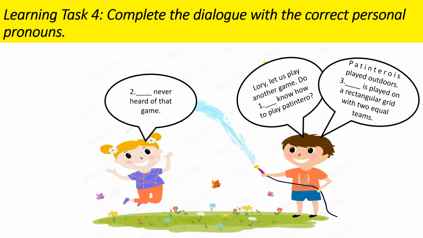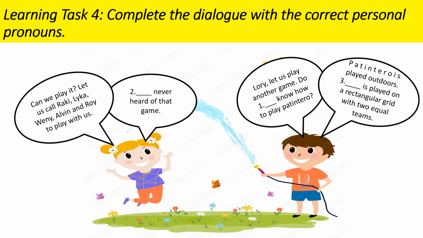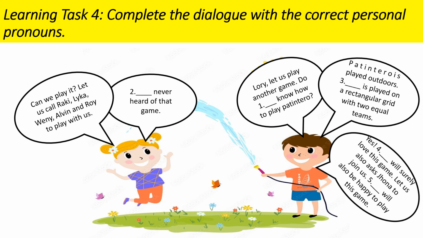Dunk is played on a rectangular grid with 2 equal teams. Can we play it? Let us call Rocky, Laika, Winnie, Alvin, and Roy to play with us. Yes, Dunk will surely love this game. Let us also ask Jonah to join us. Dunk will also be happy to play this game.